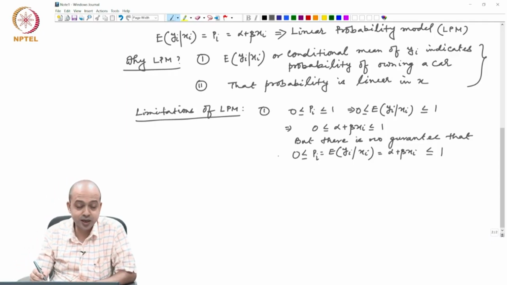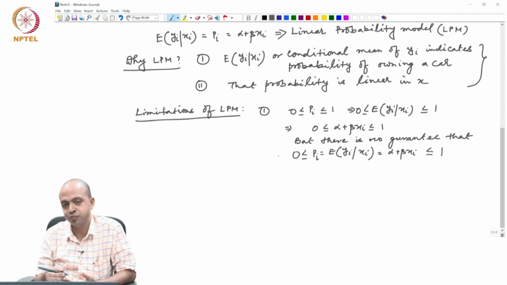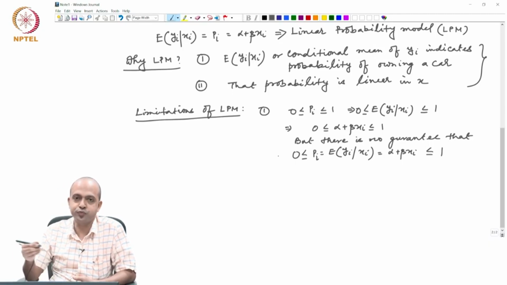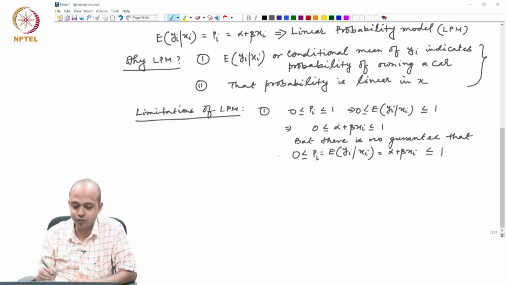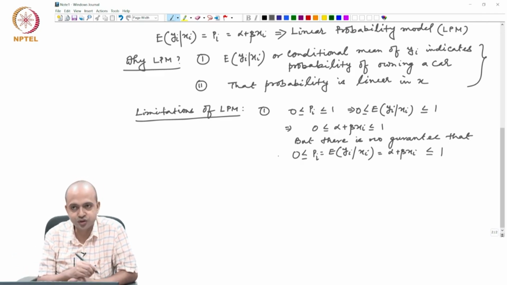And if that is the case, that means you are actually violating the properties of probability. So, it may so happen that your estimated probability is 1.56, which does not make any sense. So, that is the limitation of linear probability model. Okay, limitation of linear probability model.